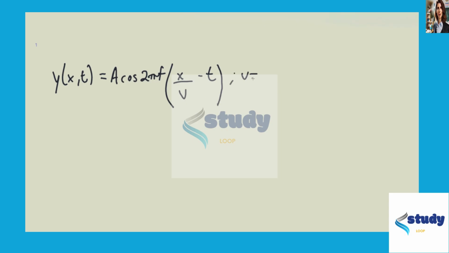We know that v is going to be lambda f, the wavelength times the frequency. So we now have a cosine 2 pi f times x over lambda f minus t. First of all, I think we should distribute this.